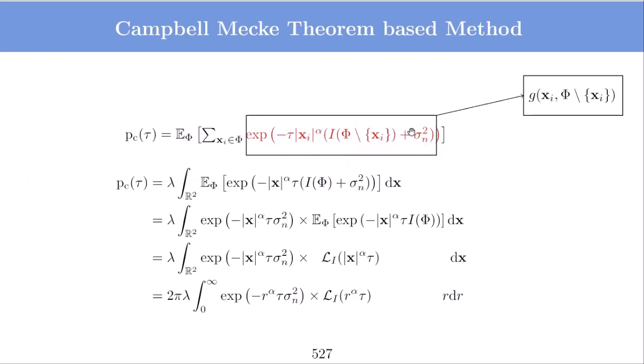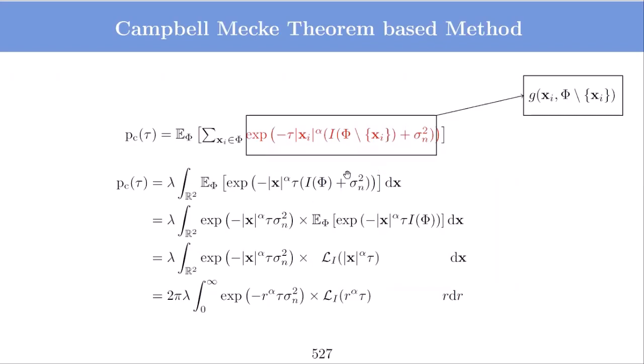Now you can apply the Campbell theorem, which states that this will be equal to the integration of lambda g(x, phi) dx. So I have used the Campbell-Mecke theorem for the PPP here. Conditioned on there being a point at xi, and that point not being included, this reduces to just the expectation of lambda times the integration of g(x, phi) dx.